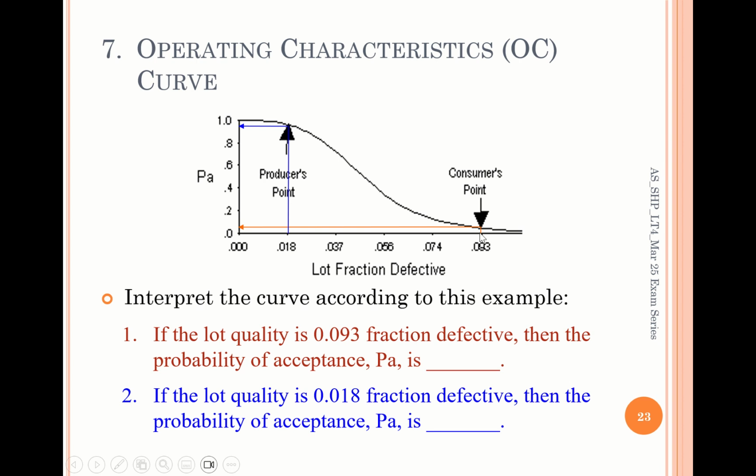You just extrapolate up, touch the graph, and then extrapolate to the left to get your probability, which is 0.05 plus minus, or 5%. If it's 0.018, you extrapolate up, touch the curve, move to the left to get your probability, which is about 0.95. This is how you find the probability based on the OC curve.